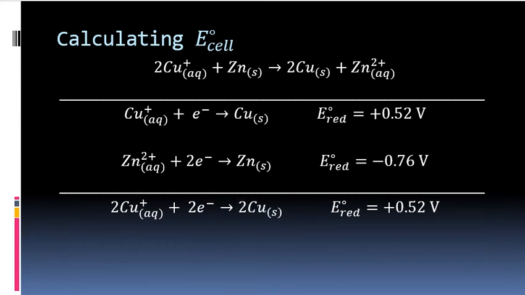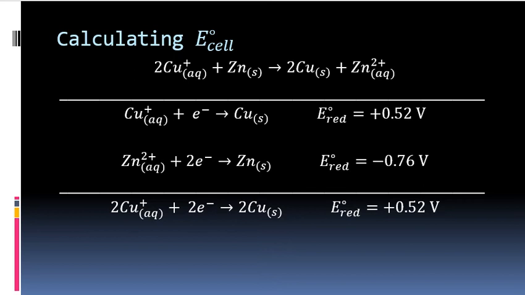Now here's the thing. For Gibbs free energy or delta H or delta S, when we multiply a reaction, we would also multiply the change in Gibbs free energy, change in enthalpy, things like that. For electrochemistry, we do not change the standard cell potential or the standard reduction potential for a half reaction, regardless of whether we multiply it by some coefficient or not.